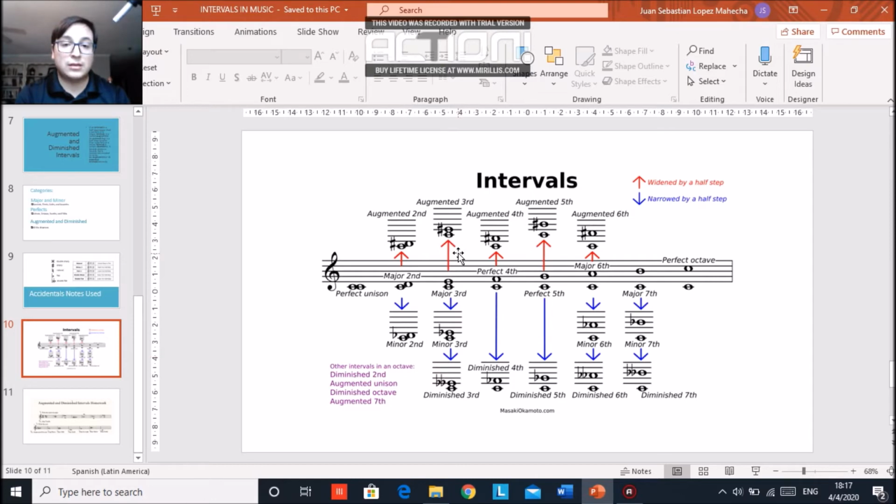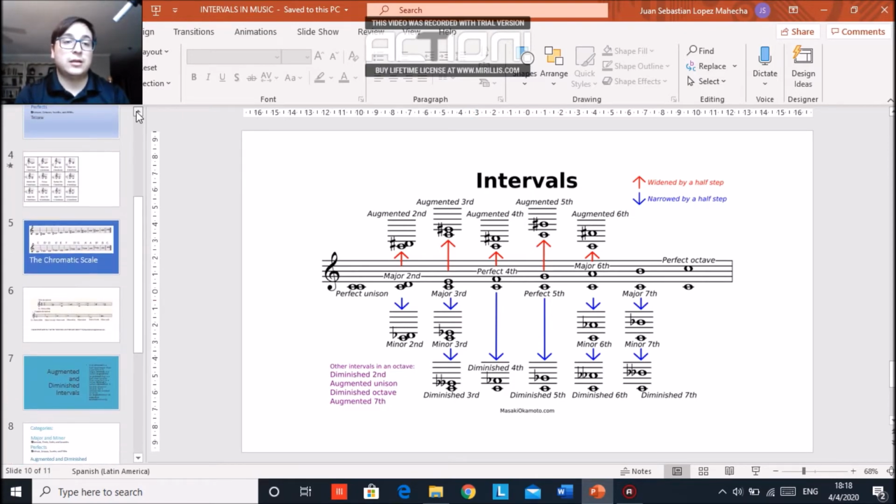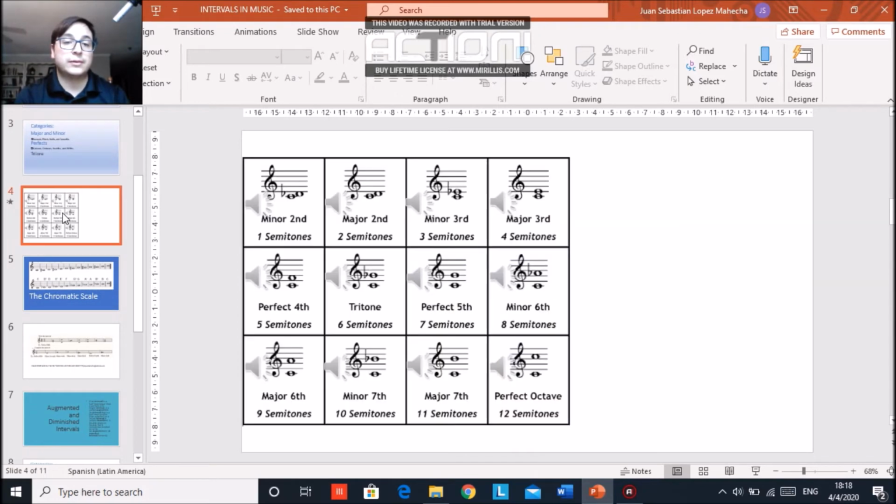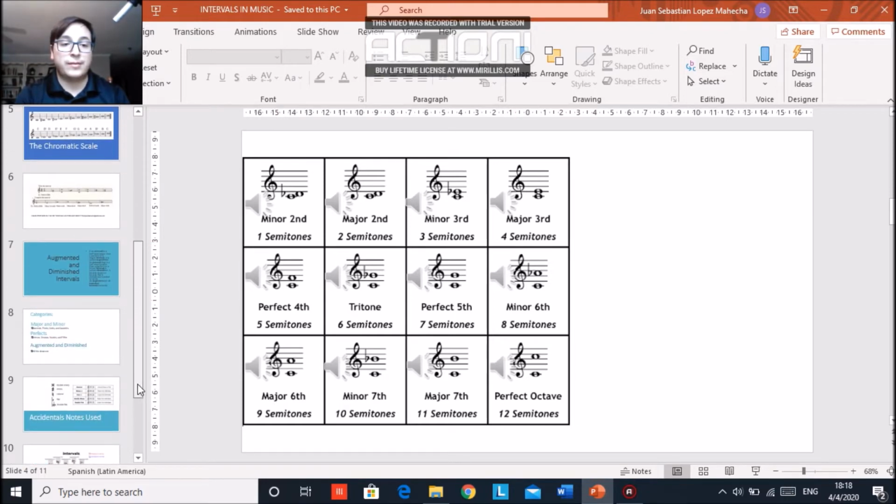Okay? Now let's take a look at this. This is a C and E. This is a major third. And a major third, let's remember, let's come back to our square, this one. So major third has 4 semitones, okay?